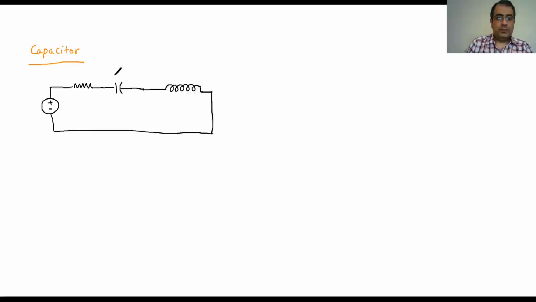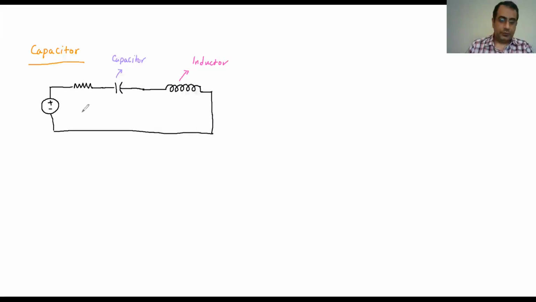So this one is the sign for the capacitor, and this one is the sign for, let me choose another color, inductor. I will talk about this one later, but today I'm going to talk about the capacitor in detail.